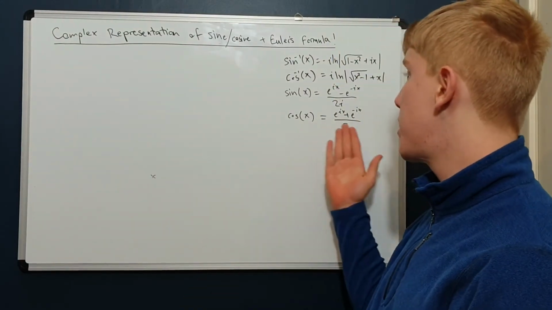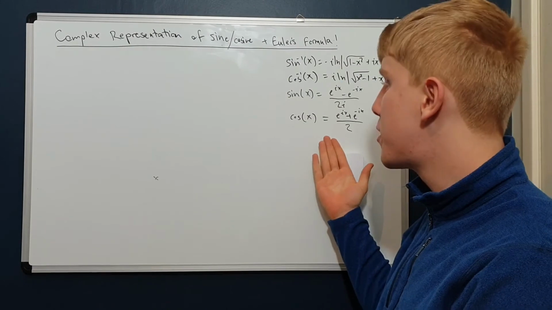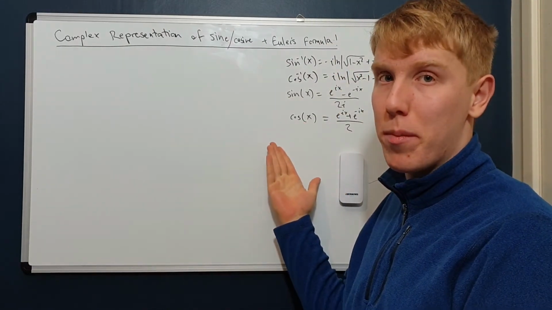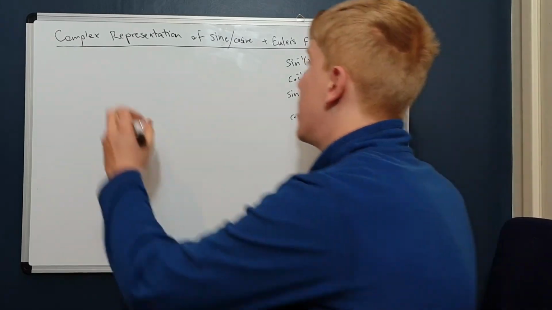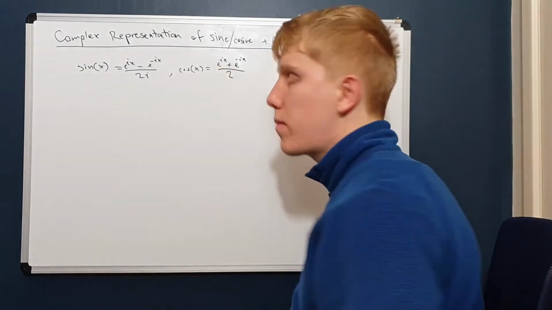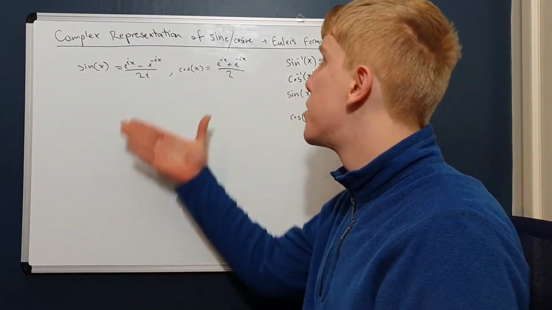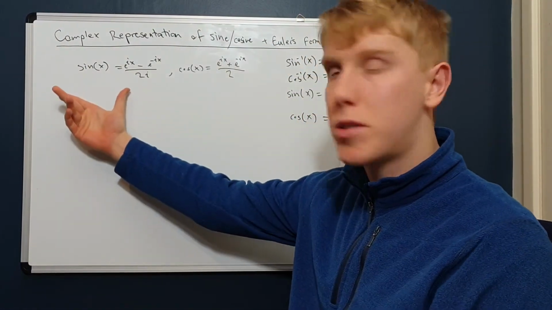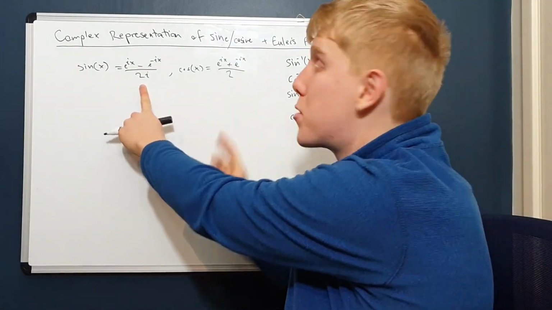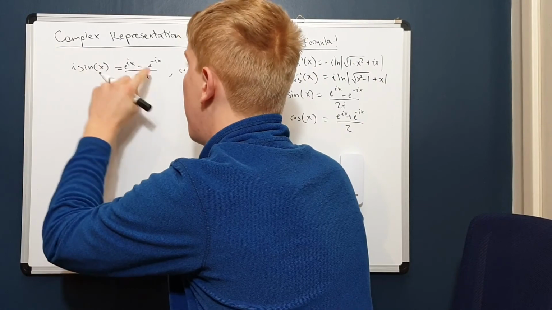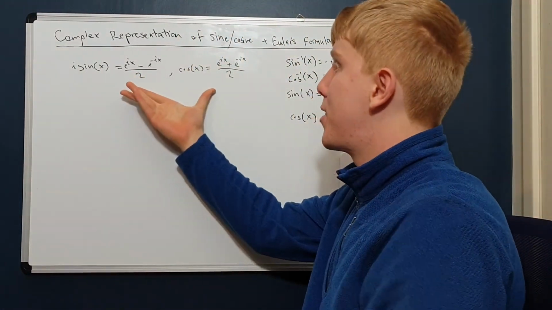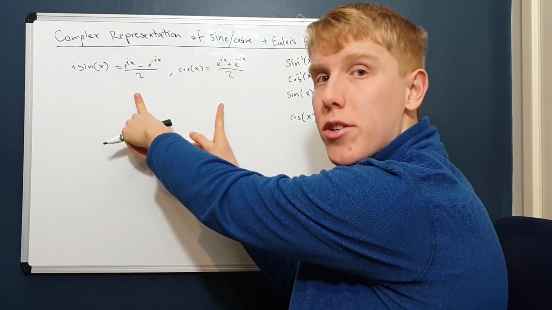Finally, we can work with these two expressions for sine and cosine of x and derive Euler's formula from there. So what I'll do first is multiply both sides of the sine expression by i, so that we have a common denominator 2 between both expressions. Next, I'll add these two together so that we'll get some cancellations happening.